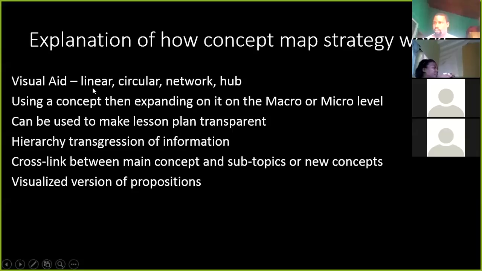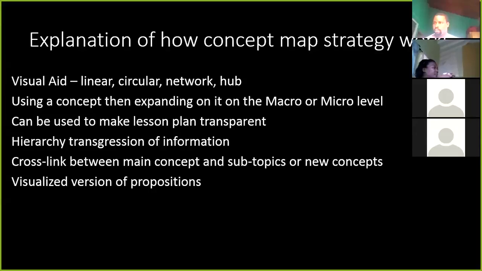I explained it briefly: like building blocks one on top of the other, that would be linear, going from the top down. A circular one goes around in a circle using arrows between each concept or subtopic of a concept. A network branches out, maybe like a spider web, if you will. And a hub is kind of a hybrid of a linear and a network. But you can go out on RVLE and check out the nifty folder.